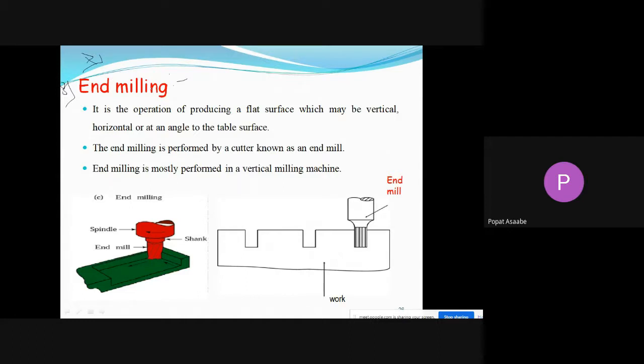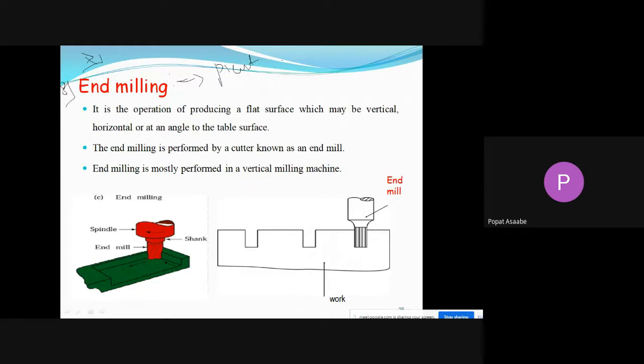It is used to produce a flat surface, but that surface can be vertical, horizontal, or at any angle. Here they have not given any condition, because we know that in plane milling we can produce a flat surface, but the cutter axis should be parallel to the work surface.